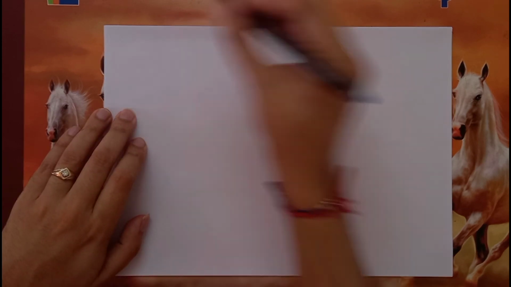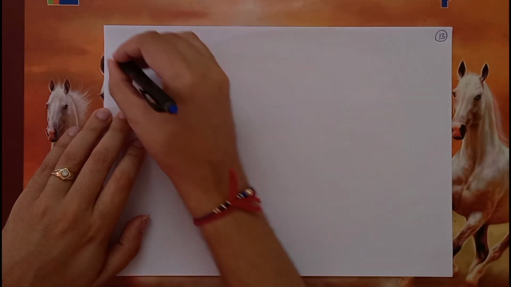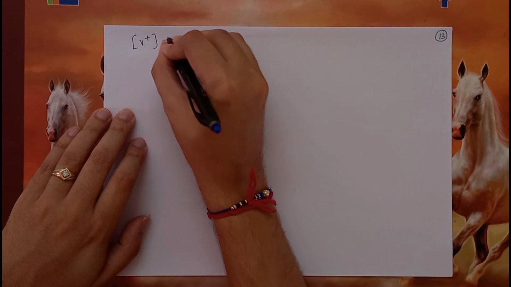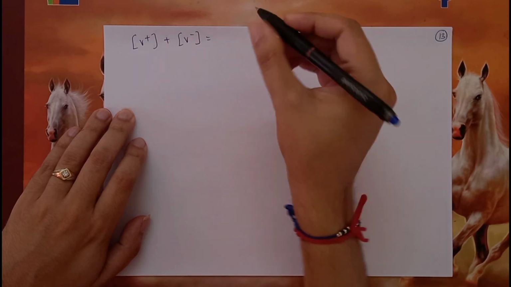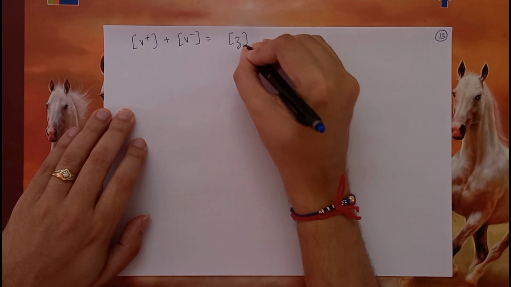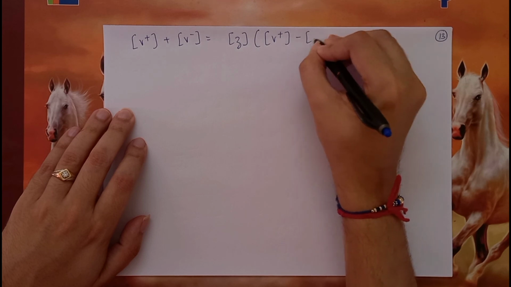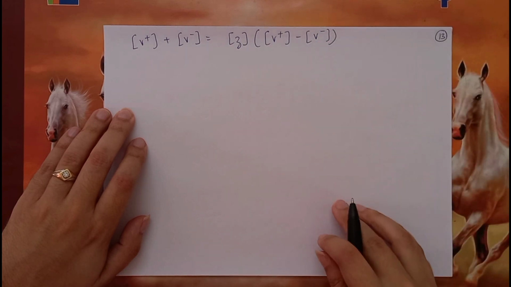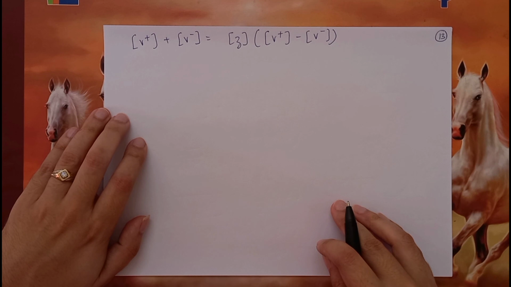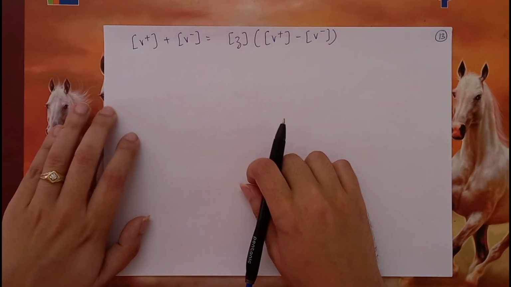So therefore, what I get now is that, equal to small z times V plus minus V minus, and what we can do is we can now try to group those matrices with similar coefficients.